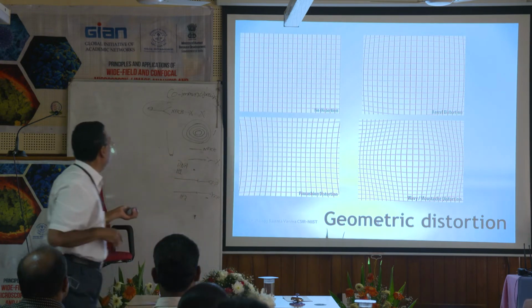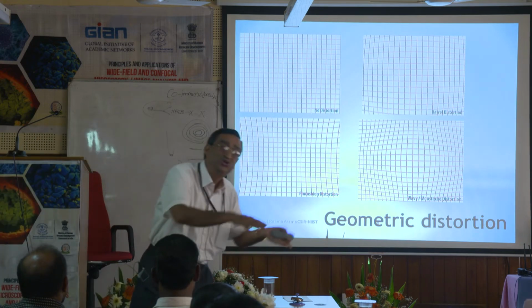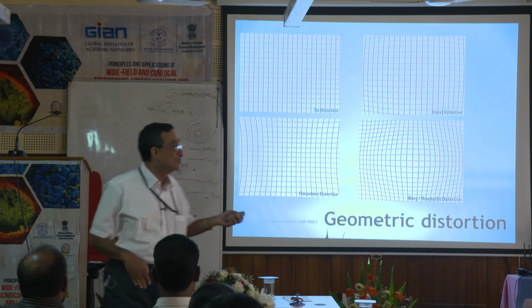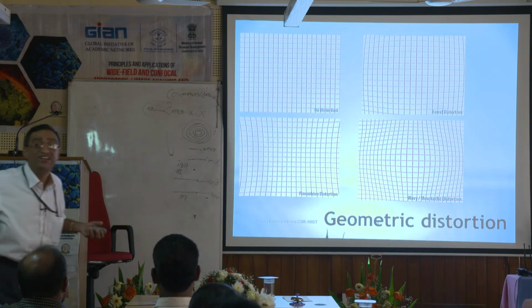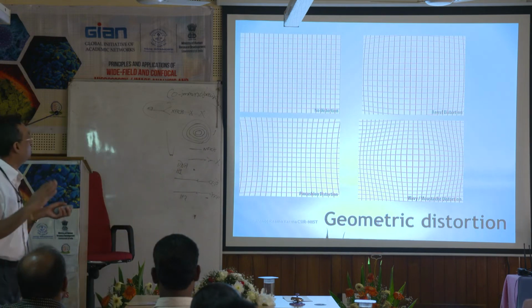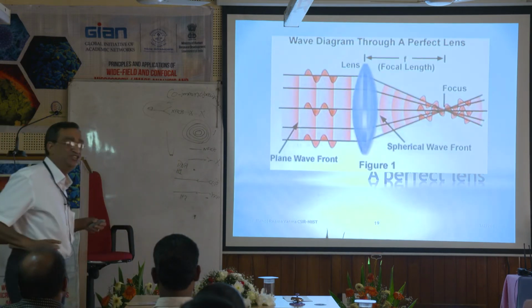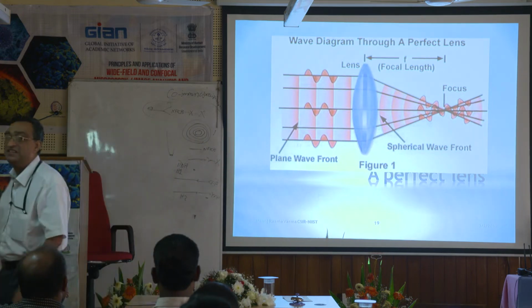When you have both pincushion and barrel together, you call it moustache distortion, or wavy distortion. These distortions really limit the resolution and better viewing of the images in microscopes.